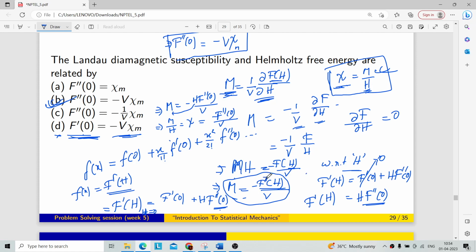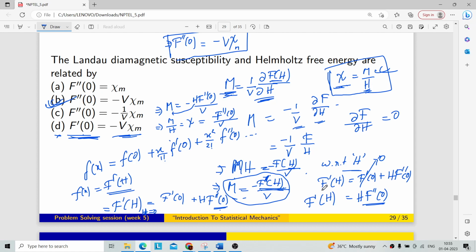Then we got one F prime here, but still there is no F prime H on the answer side, so we Taylor expand this F prime around 0.